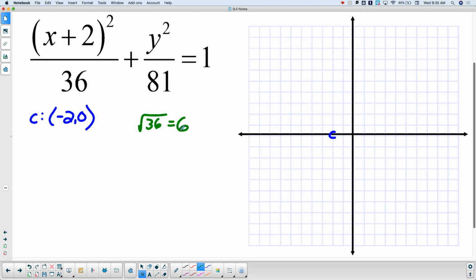So I'm going left and right 6. Is that major or is that minor? Minor. Okay. B squared is 81. Square root of 81 is 9. I'm going up and down 9.